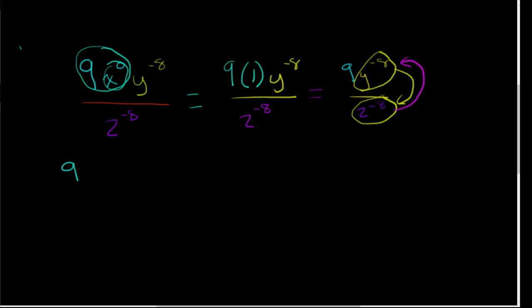So what we'll end up with is 9z, and it used to be negative 8, now that we moved it, it'll be positive 8, over y, and again it used to be negative 8, but we moved it, so now it's positive 8. This is your final answer.